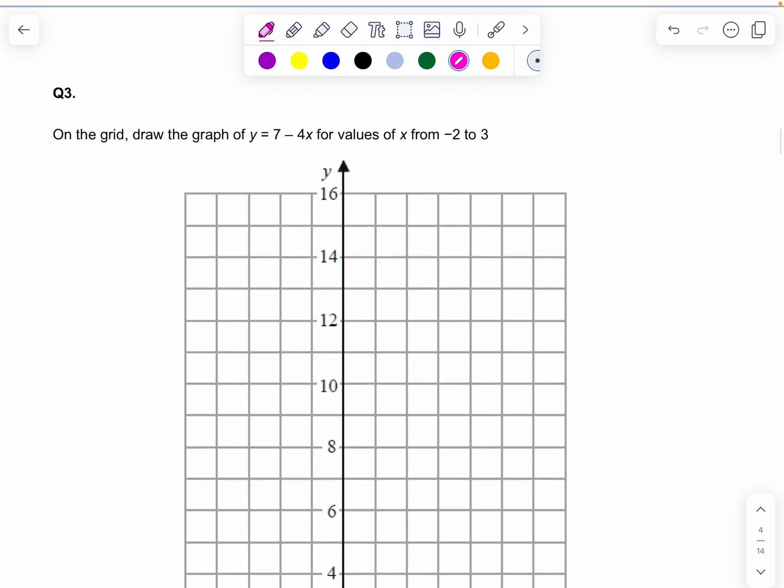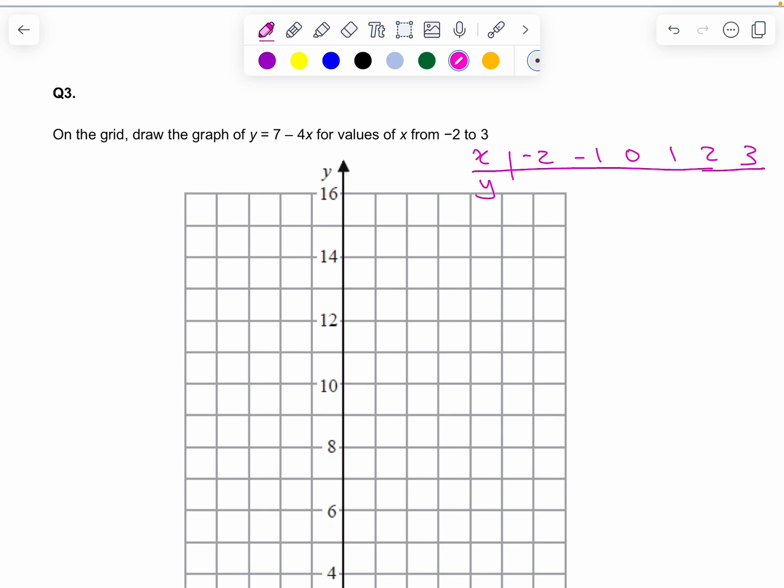Okay, so on the grid, draw the graph of y equals 7 minus 4x. You have to draw your own table, or you can go straight into the graph, but I always draw my own table. It says from -2 to 3, so I'm going to go -2, -1, 0, 1, 2, 3, because they want me to go from -2 to 3 on the x.